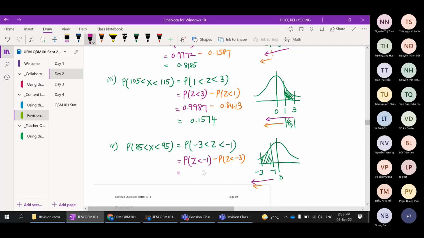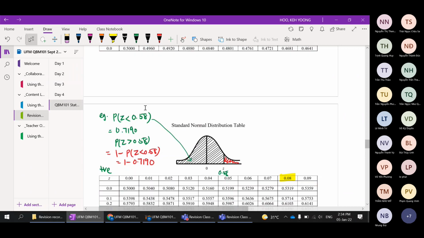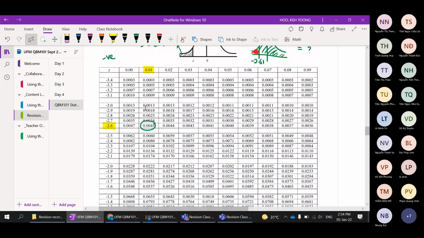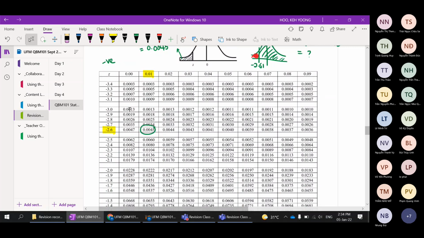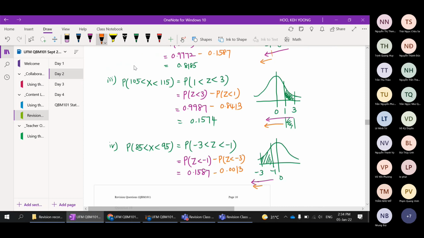Less than -1, just now we have actually found this, 0.1587. Then less than -3 is 0.0013. So your final answer is 0.1574.